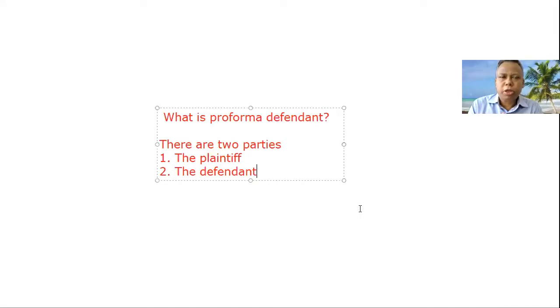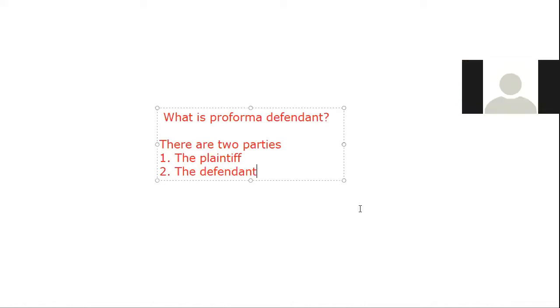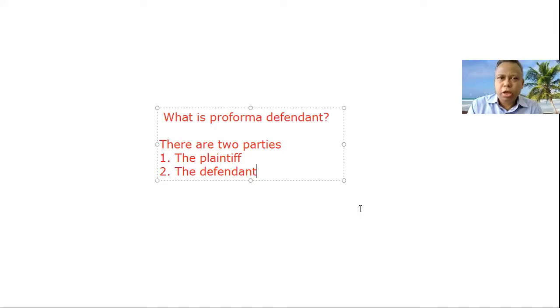In that case, his presence is required in the suit, so that he will not be surprised by what has been decided behind his back. That person is called a proforma defendant.